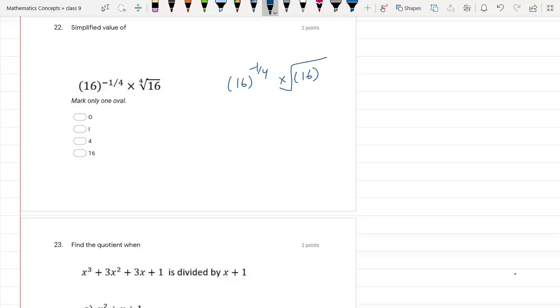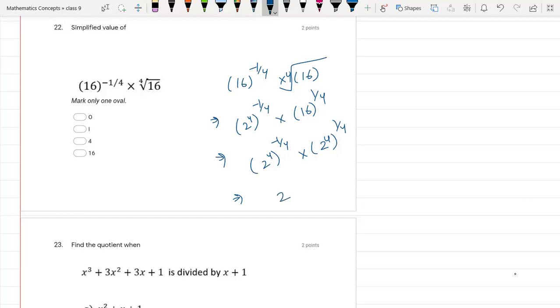We can write this as 2 power 4, and 16 can be written as 2 power 4. So we have studied that power of power gets multiplied. So we will have 2 power 4 into minus 1 by 4.